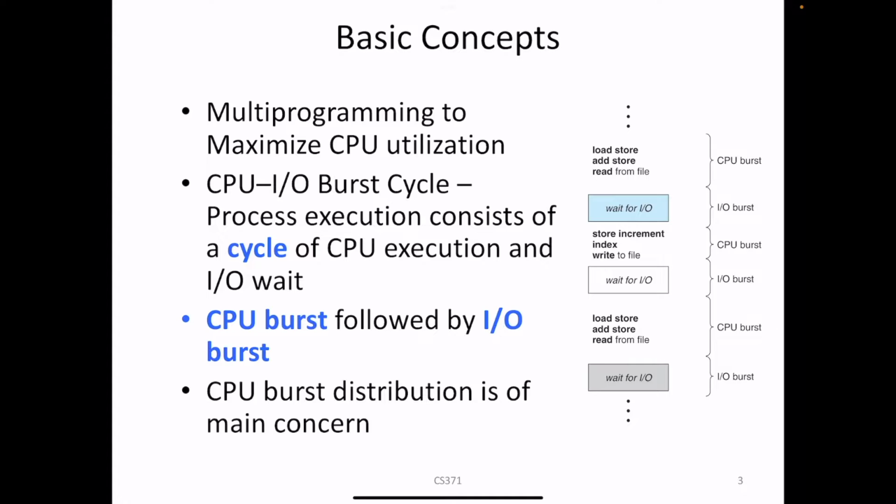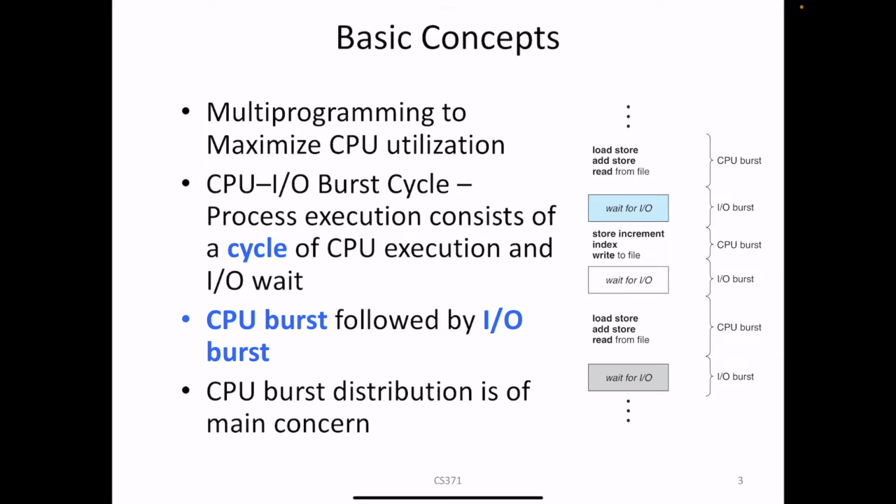The process will do some computation as a CPU burst, then do some I/O as an I/O burst, and then the process will go back to the CPU to execute some other instructions, then followed by some other I/O. So it continually keeps this cycle until the process is terminated. When the process is doing the I/O, the process will wait for the I/O device to finish the operations. However, the CPU is idle there, right?